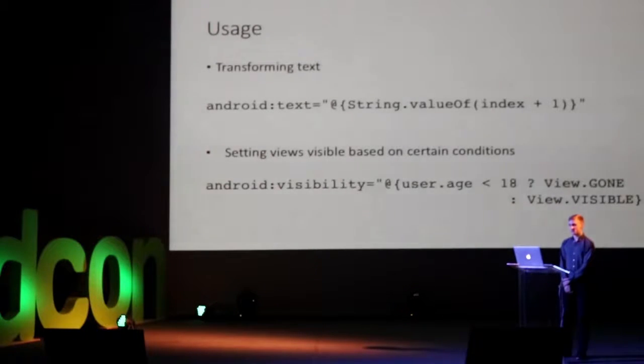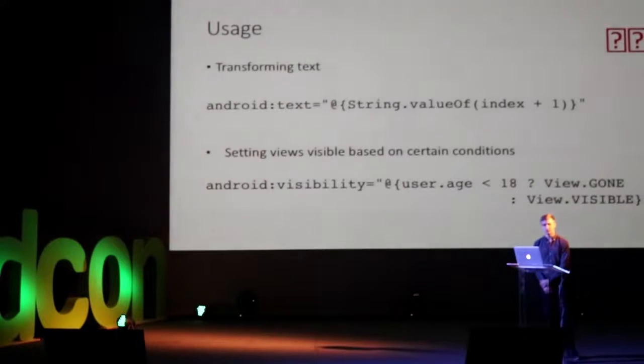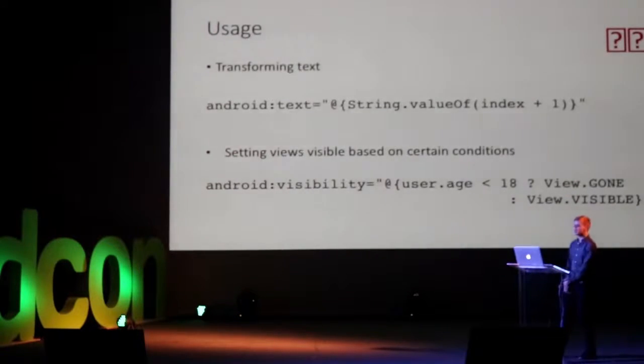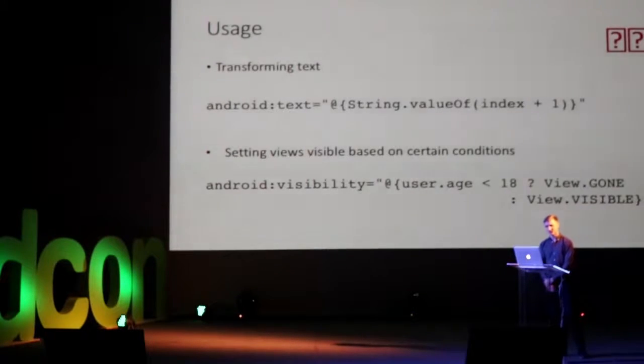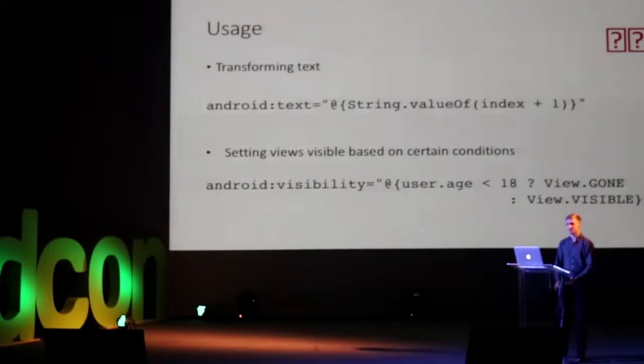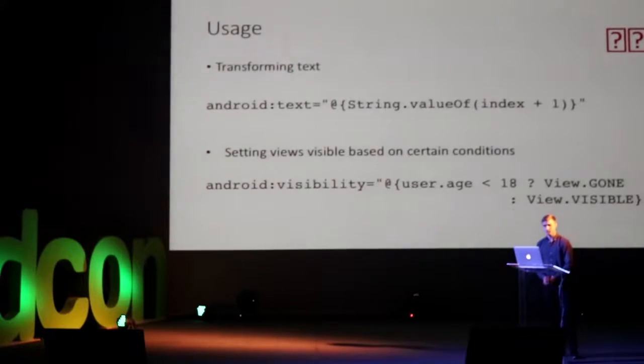It's very nice, it's powerful, but they shouldn't really do that. That's supposed to be an exclamation mark. I'm not sure why it's two question marks. It's supposed to be an exclamation mark because I think it's kind of dangerous to put this kind of logic inside of your view. I think logic should be in your view model or your presenter or whatever you're using.